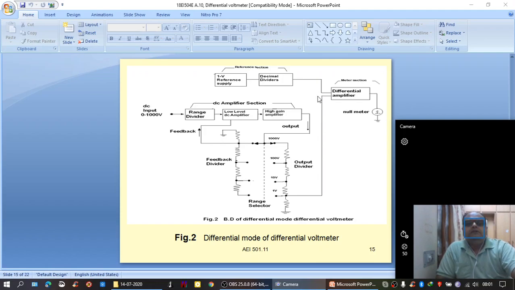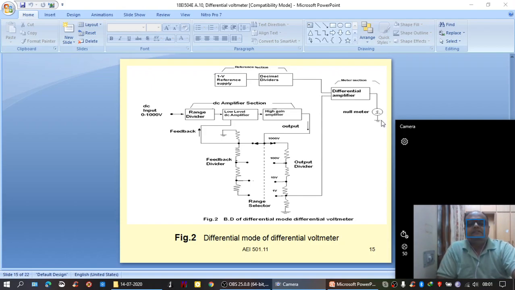Now, by adjusting this position gradually, when this output of the decimal divider equals this potential output of this resistance, then the meter reads 0.